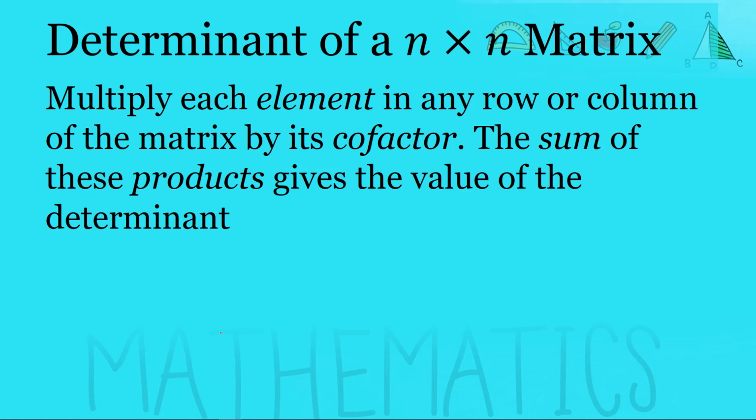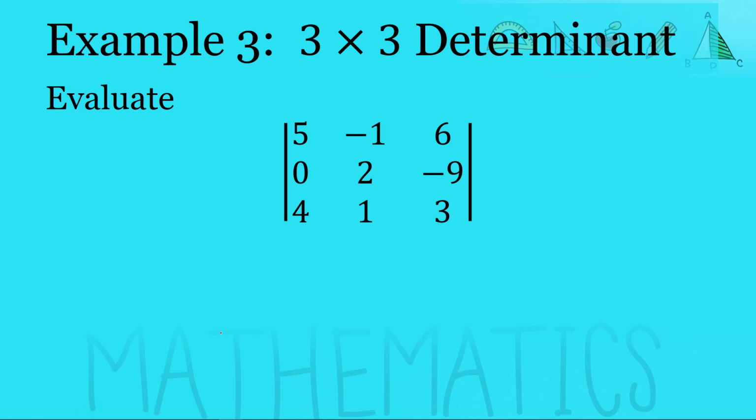Essentially what we need to do is multiply each element in any particular row or column by its cofactor. Okay, and that will give you a product. You sum all those products up, you have the determinant. And you're going to have to do this by hand for a 3 by 3 matrix.